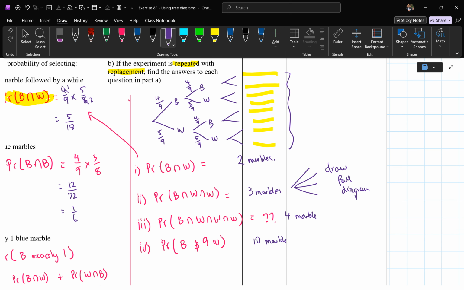So if you drew 3 branches, first marble, second marble, third marble, worked out BBB, BBW, BWB, BWW, WBB, WBW, WWB, WWW. You will then be able to see, work out chances of getting 1 blue, 1 white, 2 blues, 1 white, and then 3 blues.